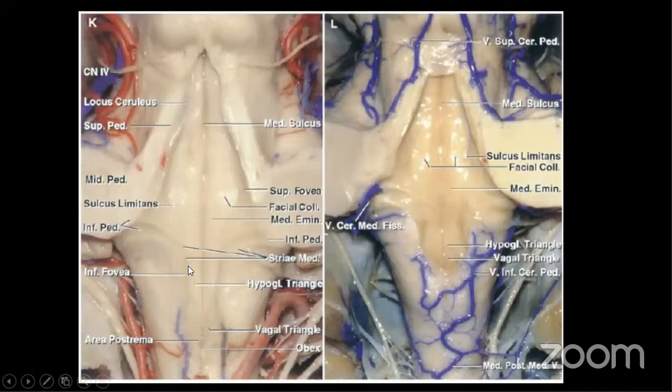And then we can also appreciate the tinea of the two sides going to meet here, and this junction is known as the obex. Like I explained earlier, it demarcates the lowermost part of the roof of the fourth ventricle, or we can say that the fourth ventricle ends here and the central canal starts here.